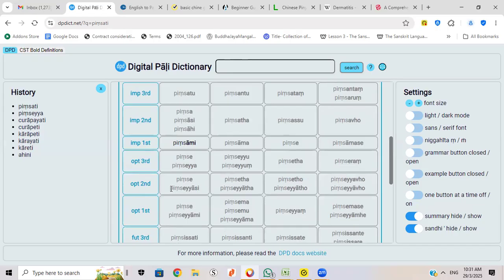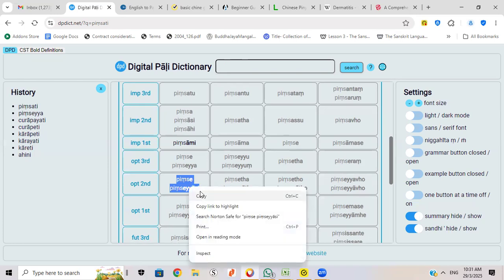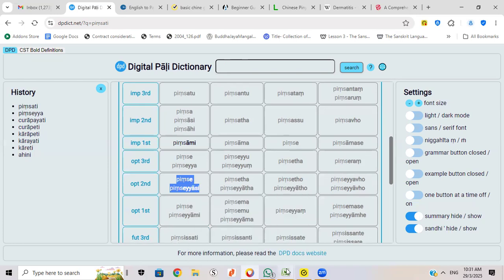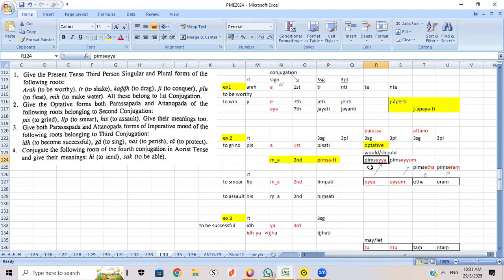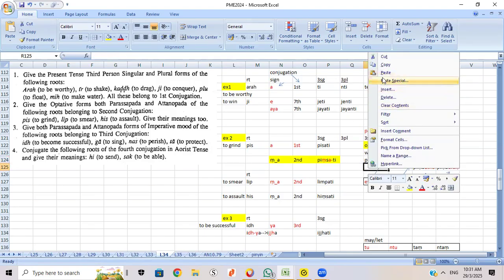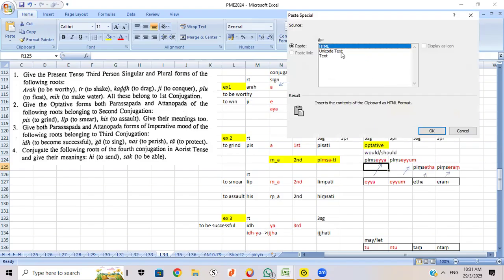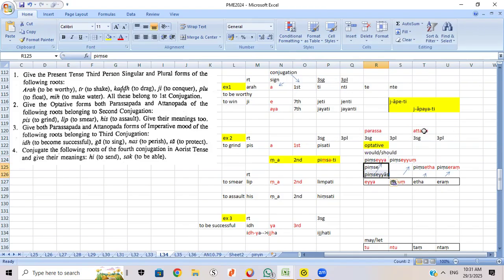If you take this, I copy one first. It has two forms, this and this. So this is how you do it, whether you can remember or not is another issue. This is second person.